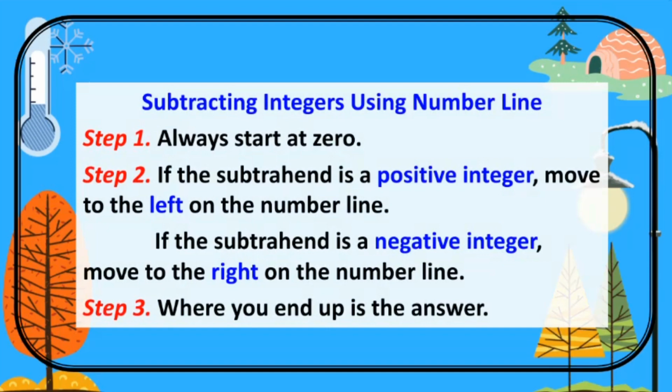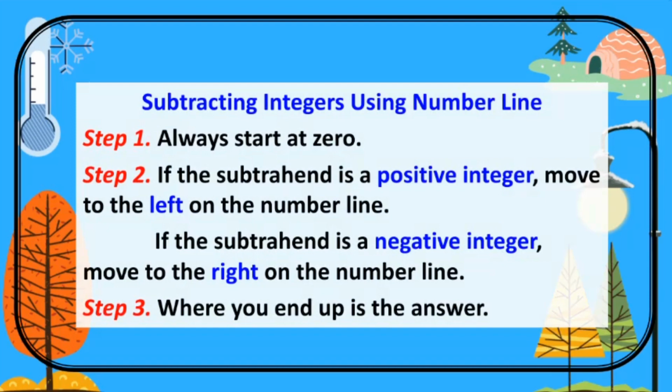Subtracting integers using number line. Step 1. Always start at 0. Step 2. If the subtrahend is a positive integer, move to the left on the number line. Ang subtrahend ay ang second number na ima-minus natin sa minuend. So, kapag positive integer ang given, ang movement natin ay to the left.